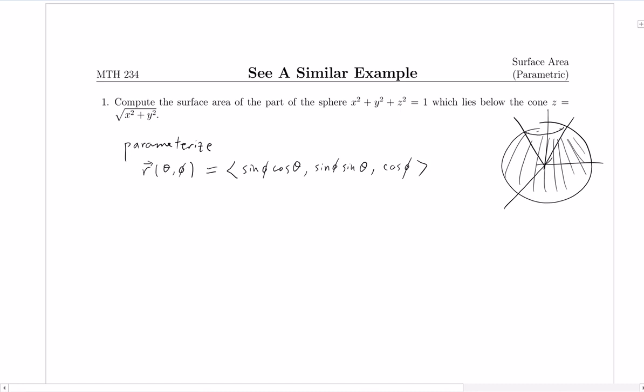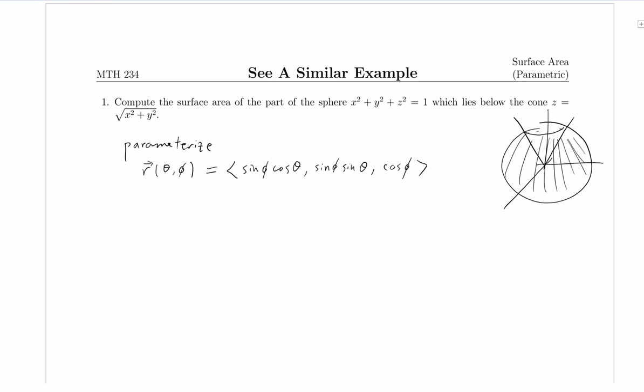I left out the rho because we're on the unit sphere, so here rho is always equal to 1. When we parameterize a piece of a sphere, you just use the spherical coordinate equations, but set rho equal to some constant, whatever the radius of the sphere is, in this case 1.